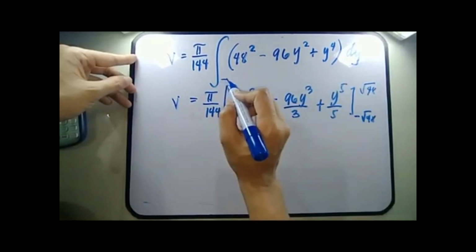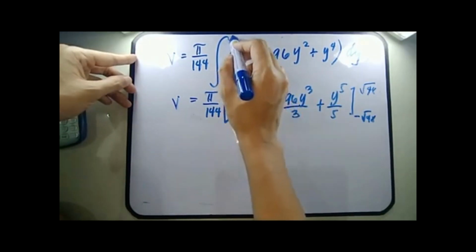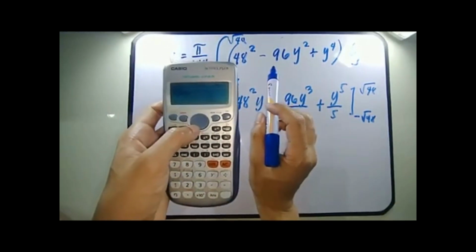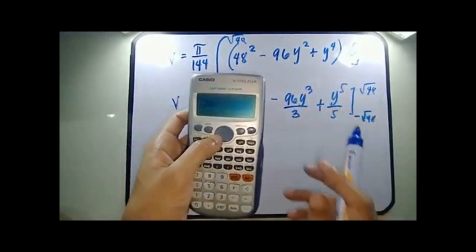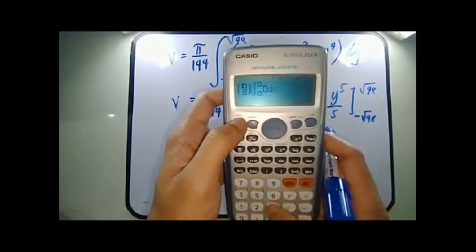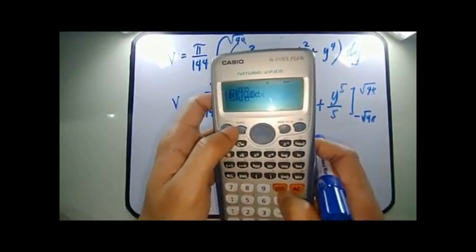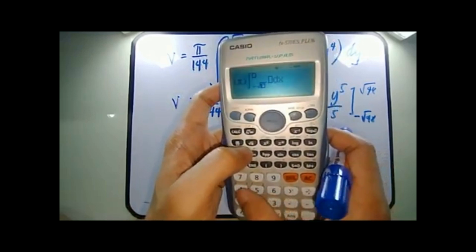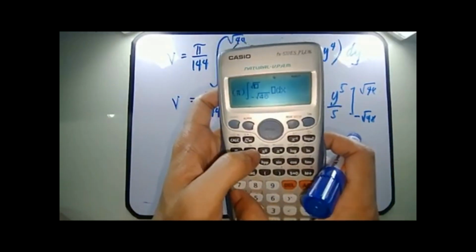So, our limits. Perhaps let's put in the integral. So, this will be pi, the original, let's put it in. So, negative square root of 48 to square root of 48.